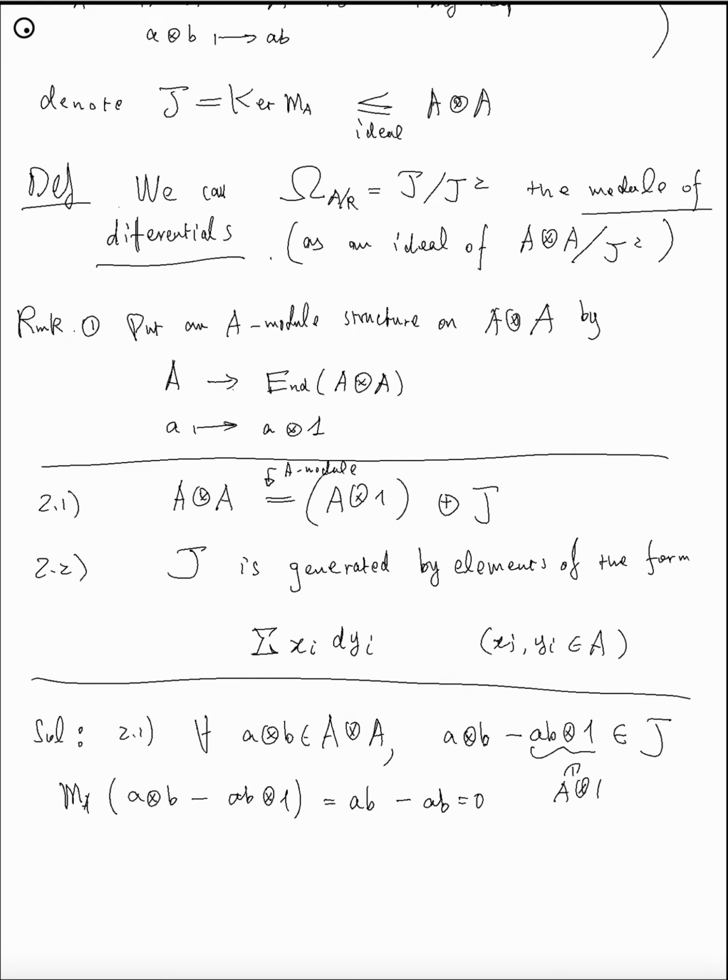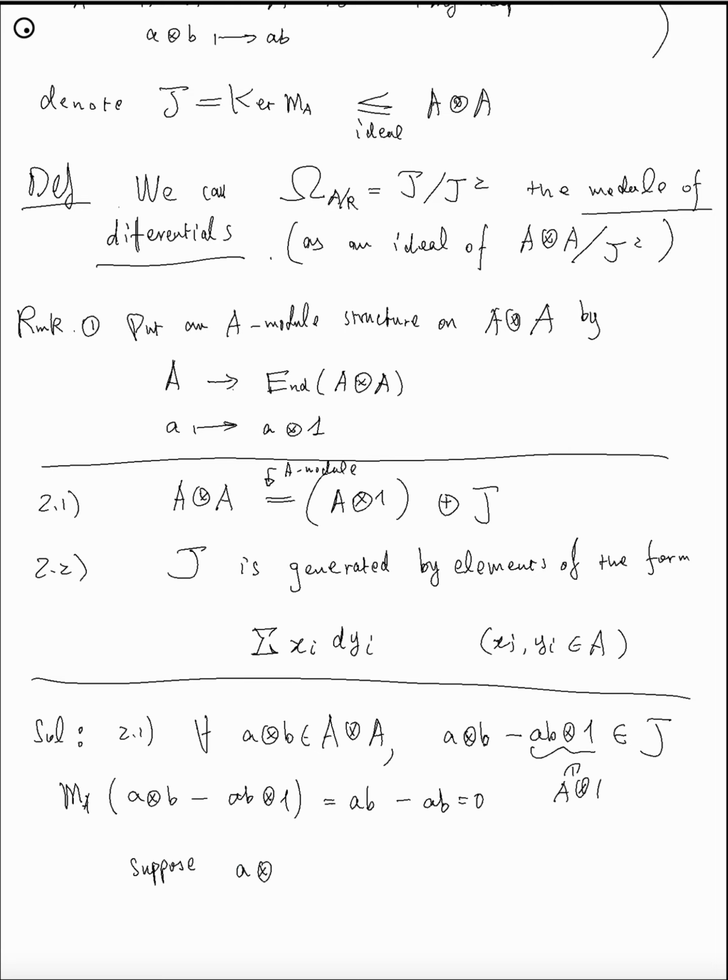So we have proved the first A module plus the second A module gives you A tensor A. So secondly, let's check their intersection is trivial. Suppose this gives direct sum.